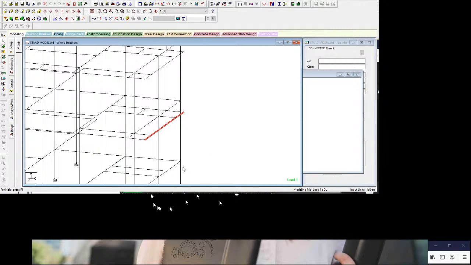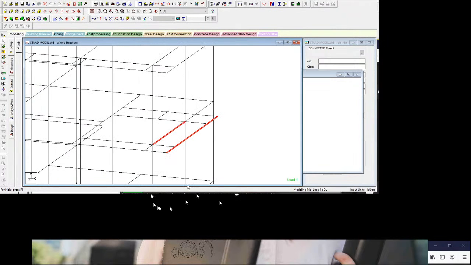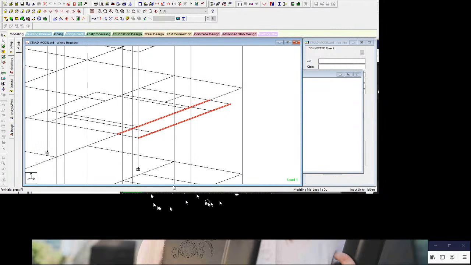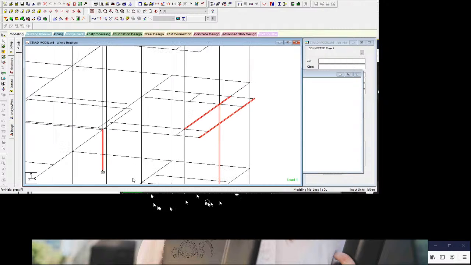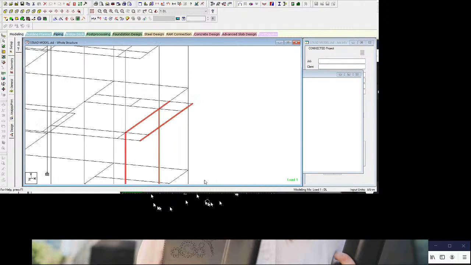The load moves to this beam, and then it will be transferred to the column.